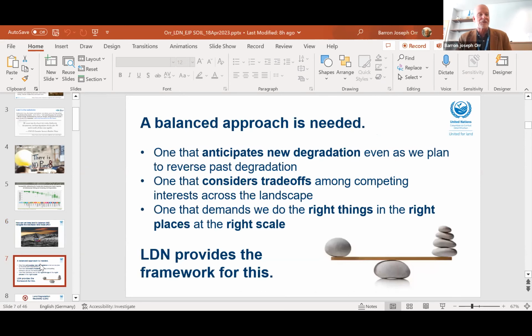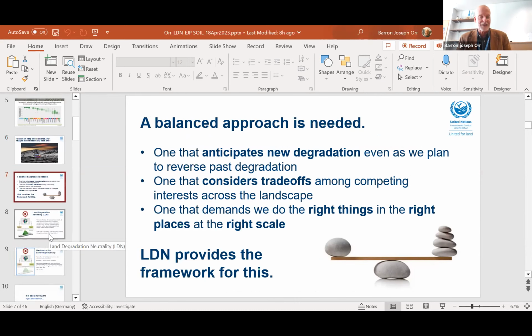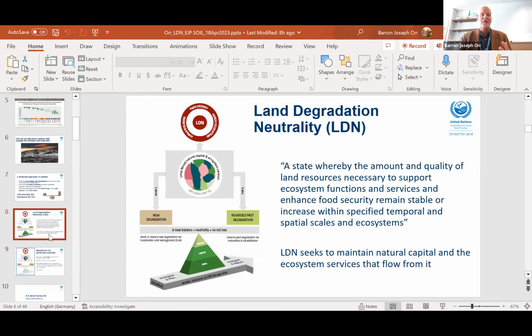So we need a balanced approach, and land degradation neutrality, which is a no net loss approach, provides us that possibility. It basically says we should not have further harm in net terms for each land type, each ecosystem type from today.